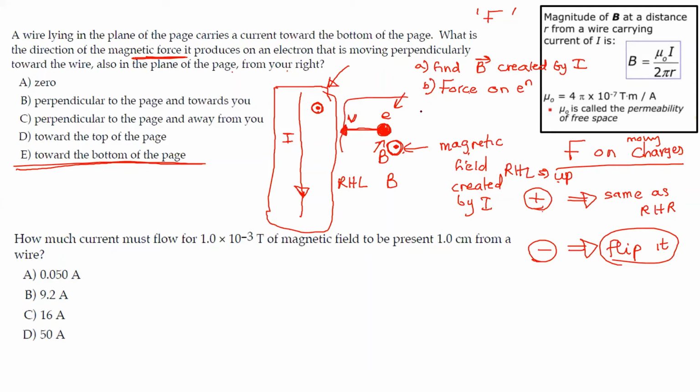They are asking, what is the direction of this force? That is why my fingers were pointing this way towards left, because now I am applying the right hand rule to find the force. My fingers are pointing leftwards because that is the direction where my electron moves.